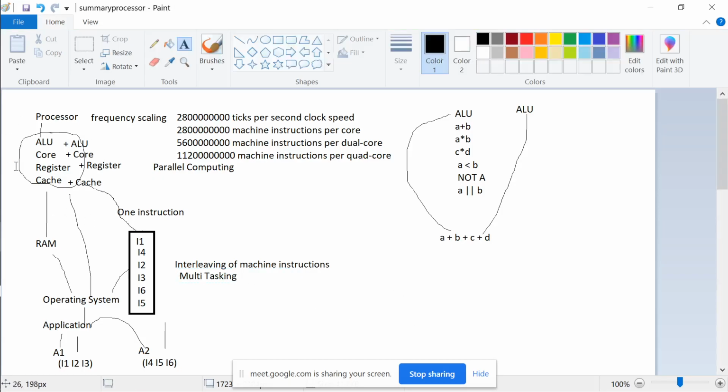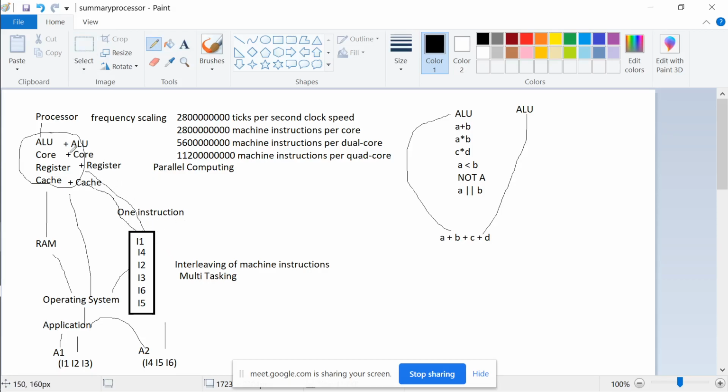But as soon as it reaches the processor, if you have two cores inside it, I1 will be given to core 1 and I4 will be given to core 2. So with two cores, at a time two instructions are getting executed, even though one instruction is going at a time. In one clock cycle, I can also give two instructions if there are two cores.